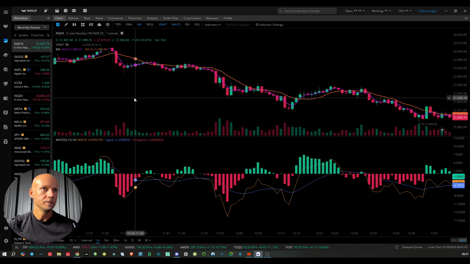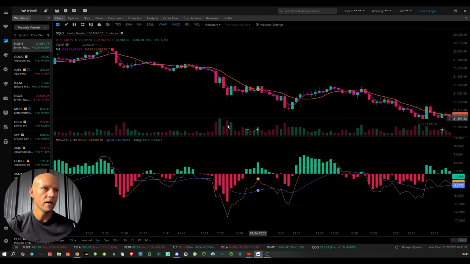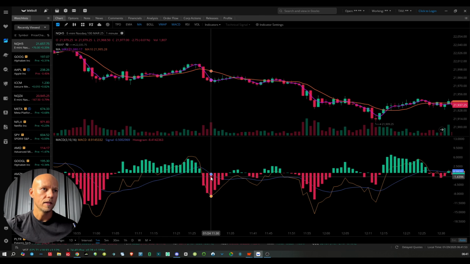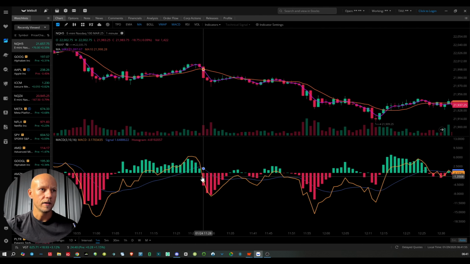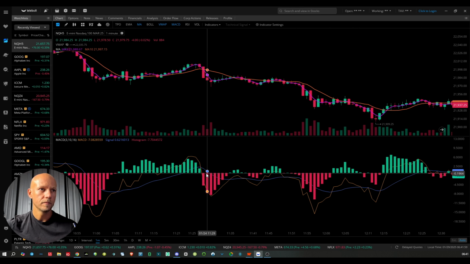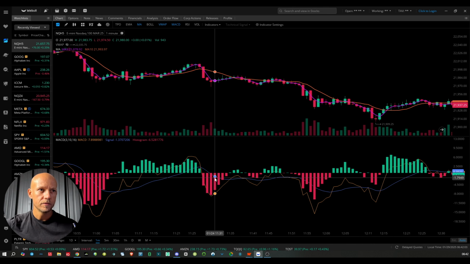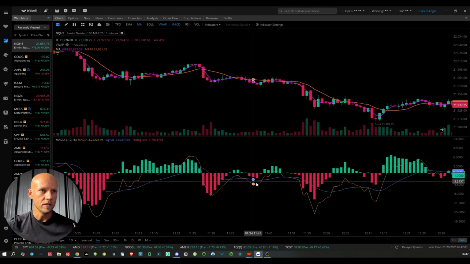So like this, you can see the market's trending down from here to here, and that's where the signal line is trading below the zero here. The blue line is obviously just a moving average of this yellow line.